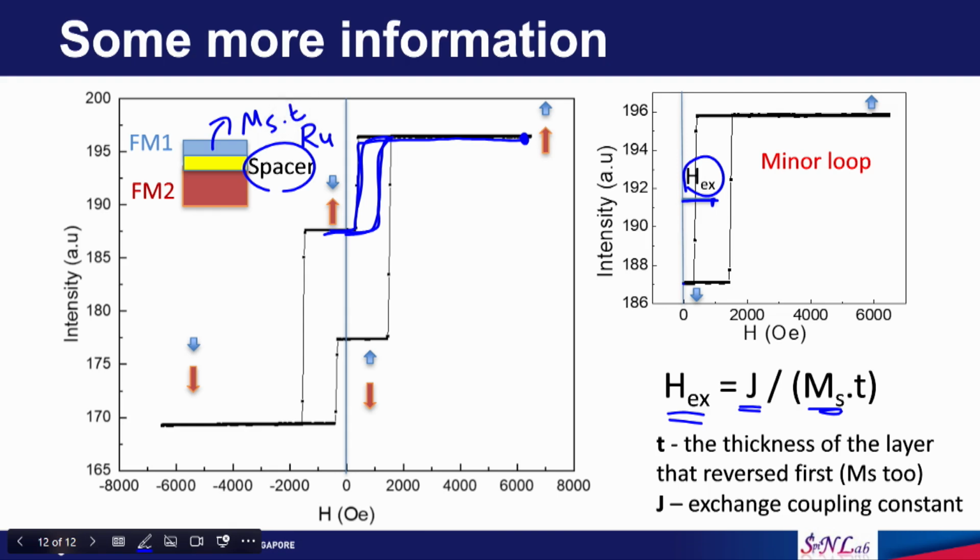If you know the MS of this material and its thickness, and you measure H_ex by doing a minor loop, you can calculate the interaction strength. This is how we calculate how much exchange interaction is produced by spacers like ruthenium or iridium.